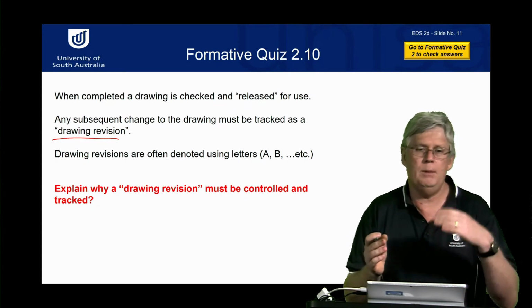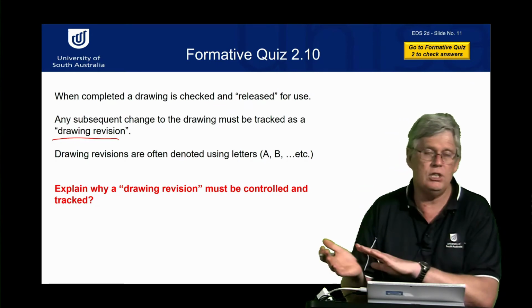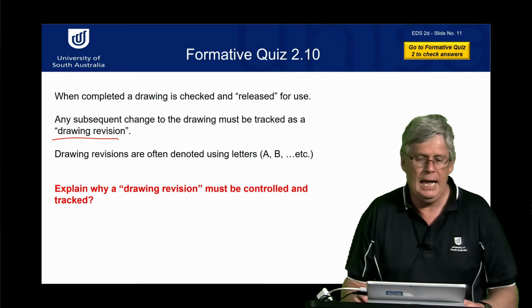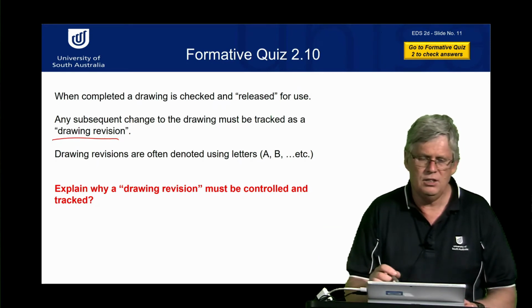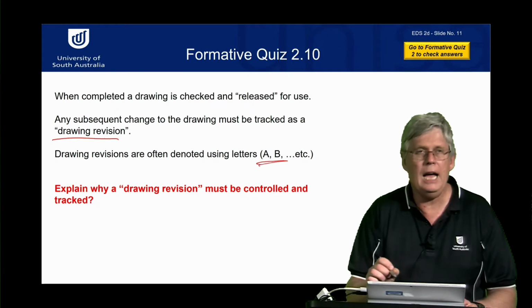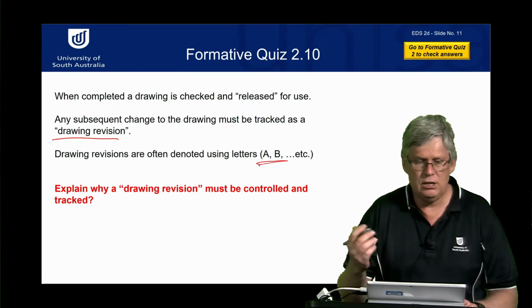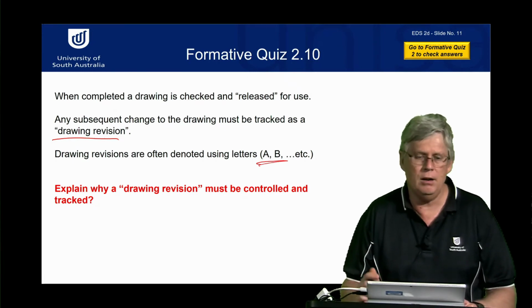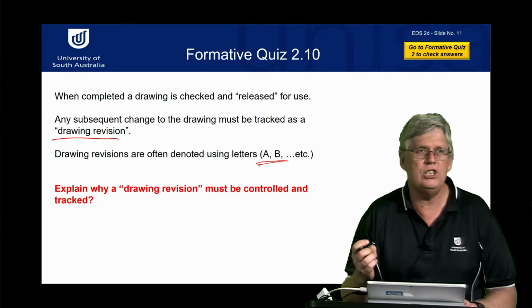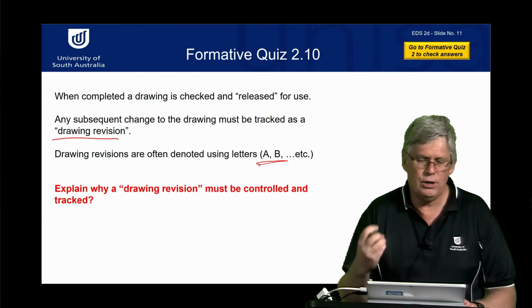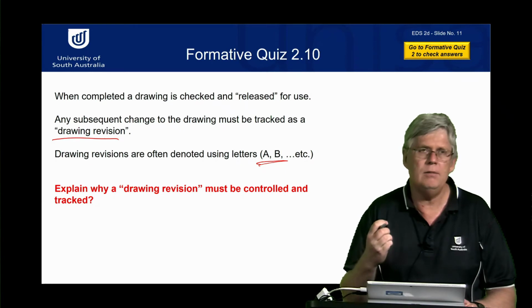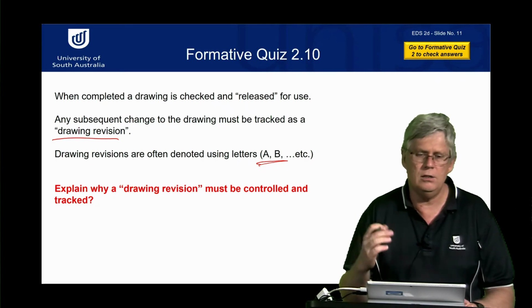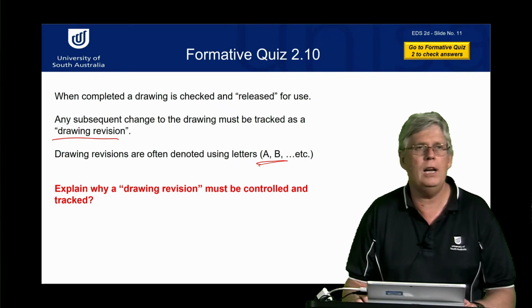It's no good if people have got the drawing but we've made a change to the dimension or the shape, and we need to know that. So we often denote it revision A, revision B, etc., just going up there. And then we often note on the drawing what those revisions are. So we need to track those revisions so that we can be in control and know that we are talking to the people about the right version of that drawing. So it's very important to have this version control.